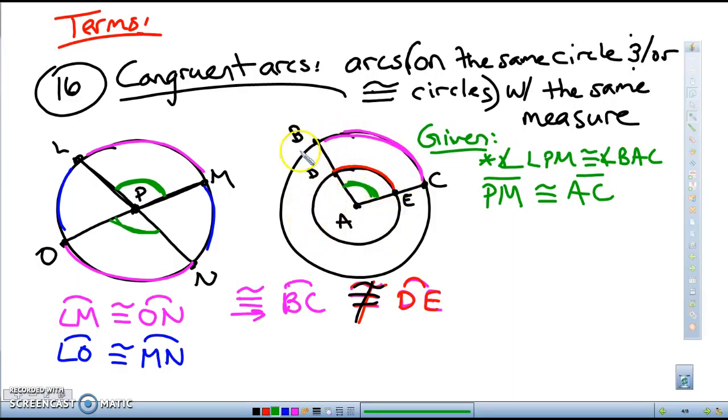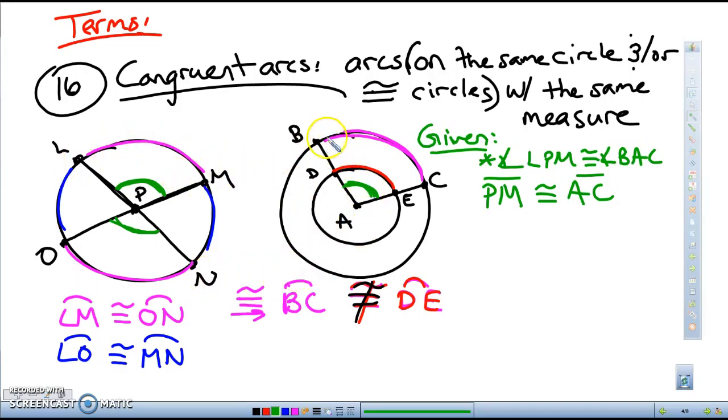We've got a little circle A and we've got a big circle A. If I were to give you the fact that this radius PM is equal to the radius AC, so PM is congruent to AC, then that tells you that circle P is congruent to big circle A. Not little circle A, but big circle A. And if I gave you another central angle that's equal to this one over here, so for example BAC congruent to LPM, then this arc from the big circle is going to be congruent to the arc from the other circle that it's congruent to.